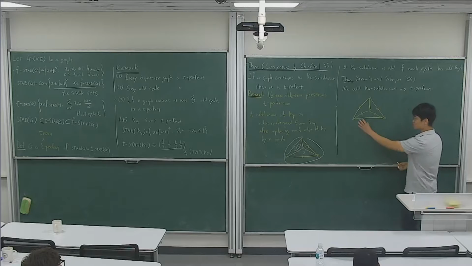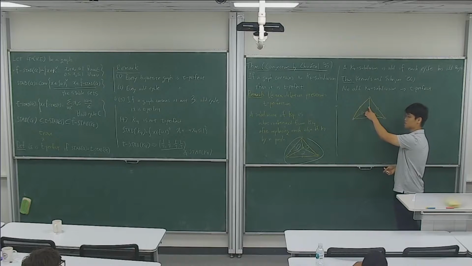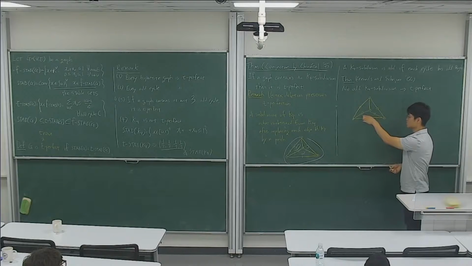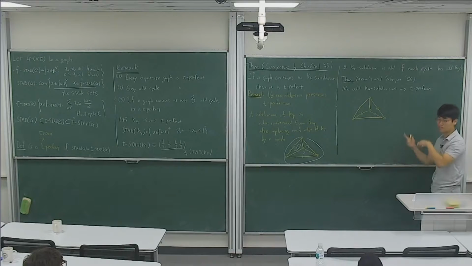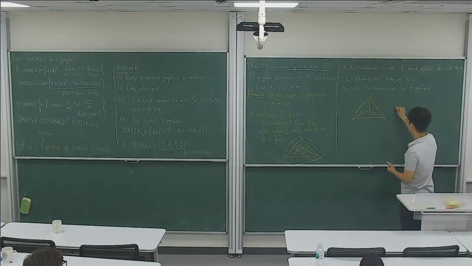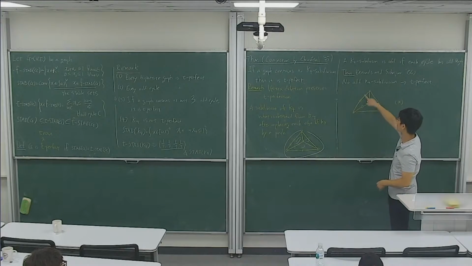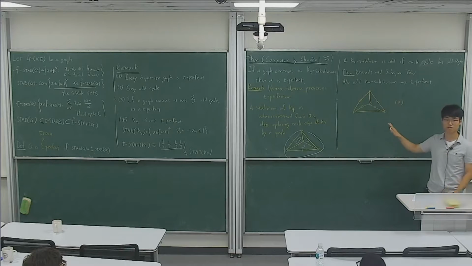Because these 2 are even, and this is length 1, this cycle has odd length. Similarly, this has an odd length, and this is also even, odd, so this is odd. So this is an odd K4 subdivision. Actually, this is the only kind of odd K4 subdivision that is T-perfect.